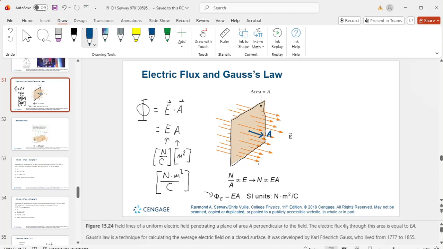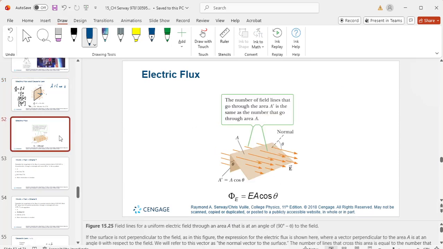This is a little bit weird, but in formal mathematics, we define the direction of a surface to be normal to that surface. So don't get too wrapped up in that, but do realize that in this case, A and E are parallel. The direction of A is in the same direction as the field, and therefore the A and E vectors are parallel. So do be aware of that, and that will be important here in just a second.